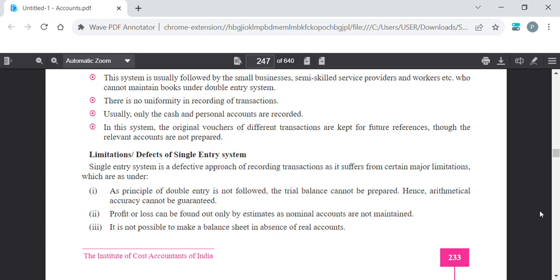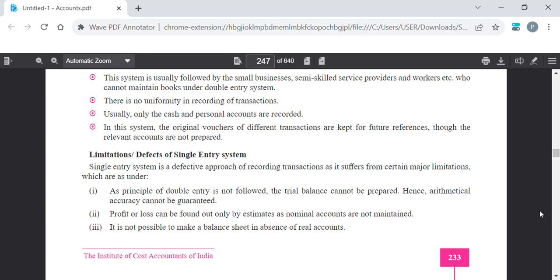Single entry system is a defective approach of recording transactions as it suffers from certain major limitations, which are as under. As the principle of double entry is not followed, the trial balance cannot be prepared. Hence, arithmetical accuracy cannot be guaranteed.